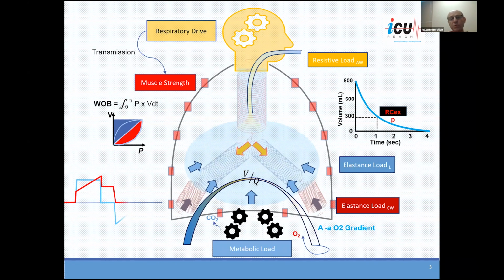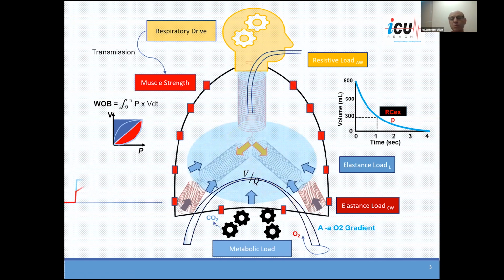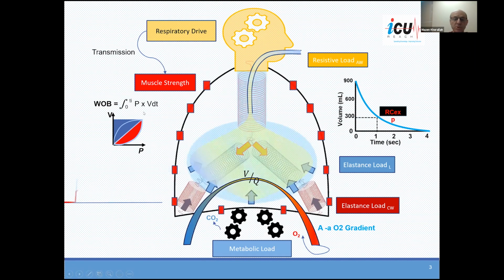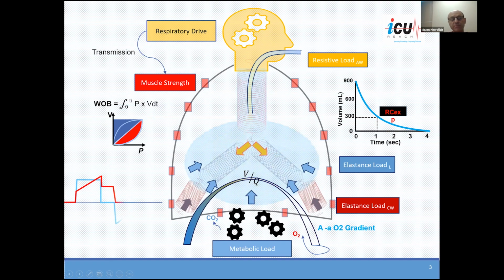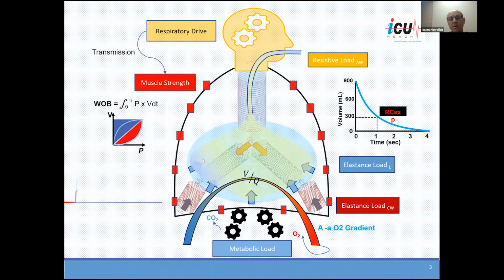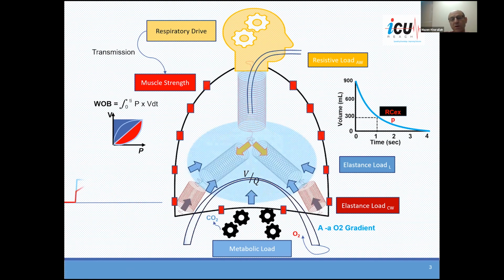The work of breathing is given by the formula: pressure multiplied by the tidal volume, taken over the duration of the inspiratory time. It is indicated on the loop on the ventilator by looking at the volume over pressure loop.